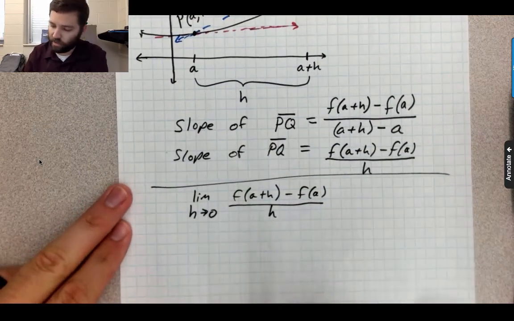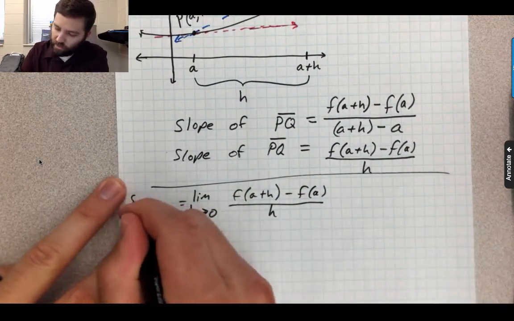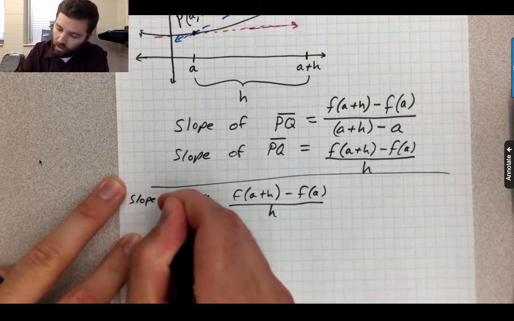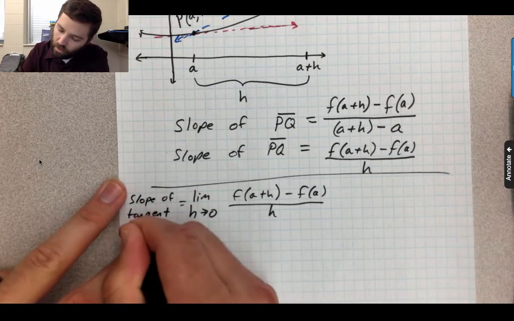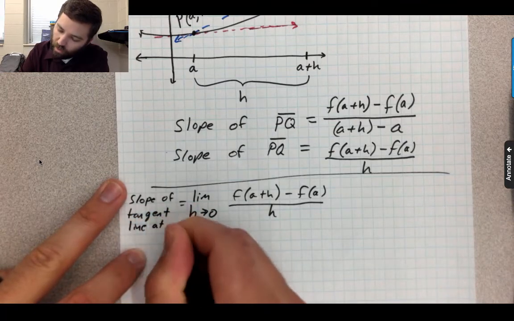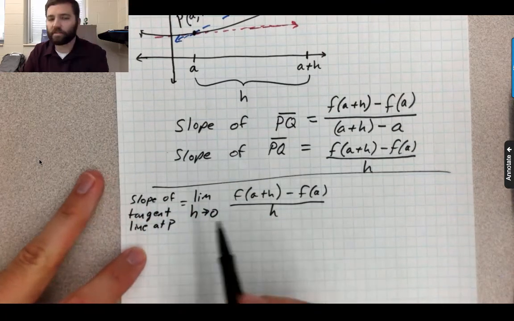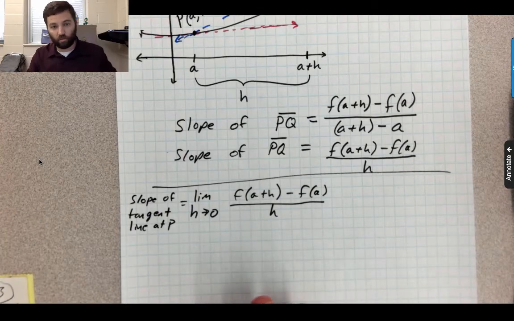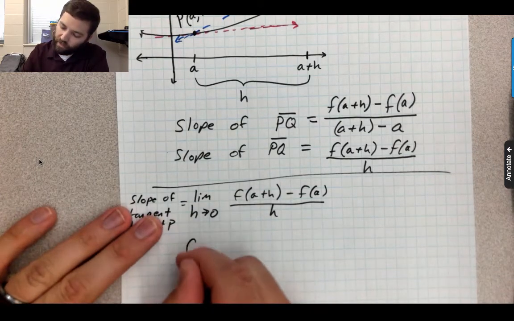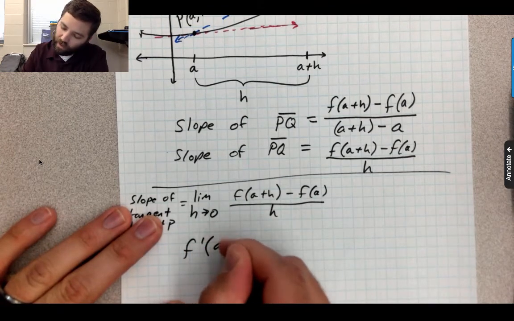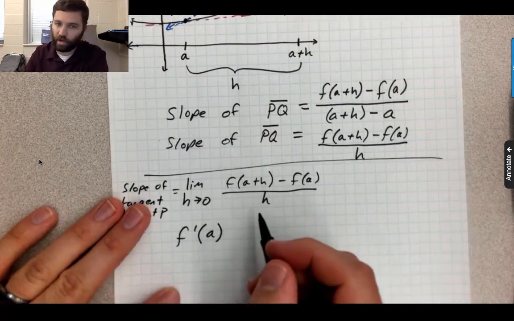Okay, so that limit right there is the slope of the tangent line at P. And I should have written that, sorry. This is the slope of the tangent line at point P. Okay, and instead of saying the slope of the tangent line at point P over and over and over again, what we call that is f prime of a. So it's f with an apostrophe, f prime of a.